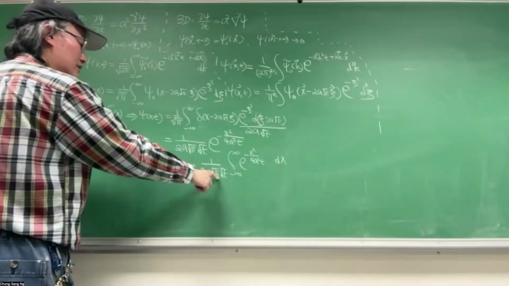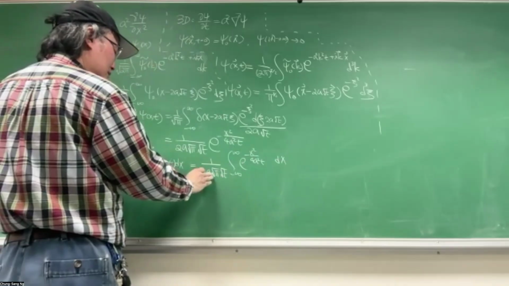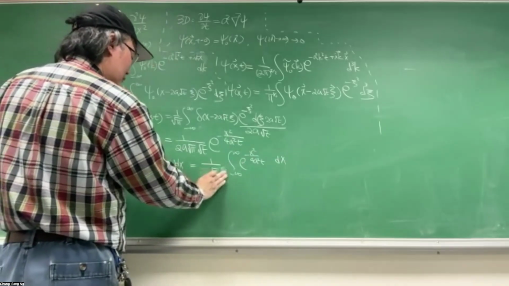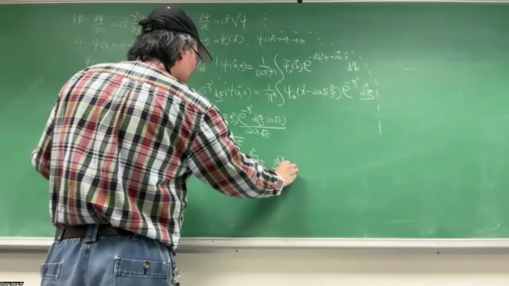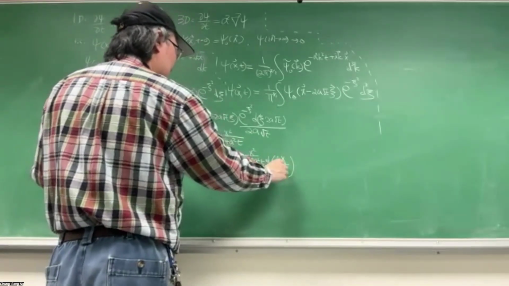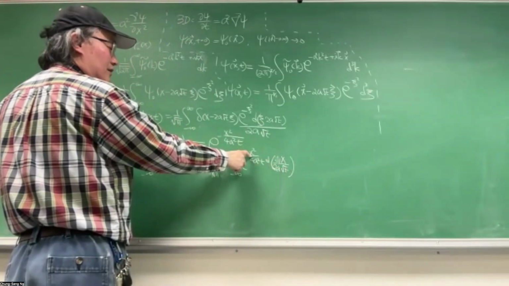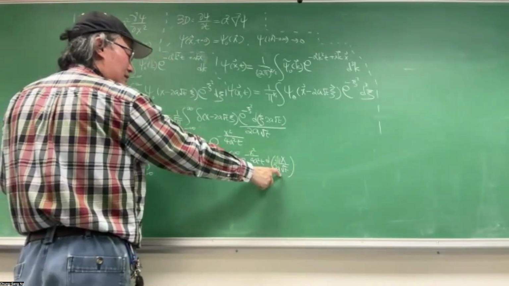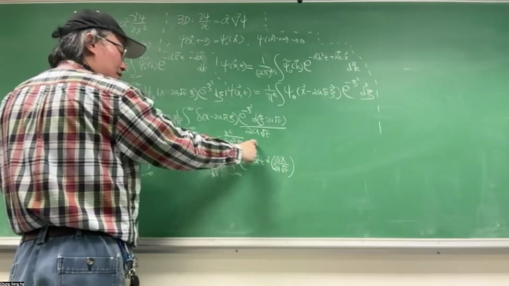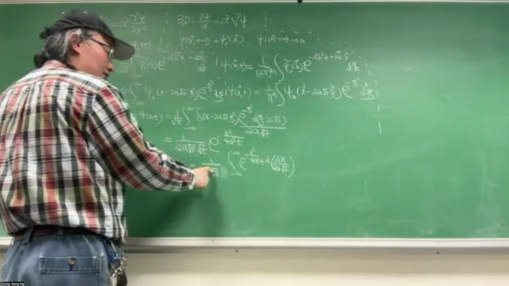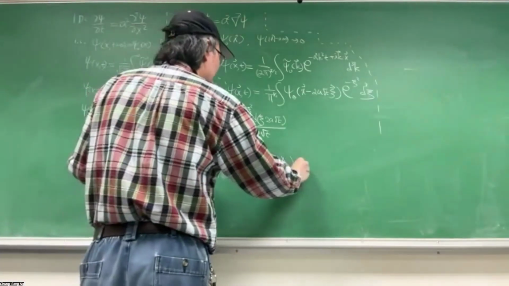Then you can use all these coefficients and put them in here. You see that this is just a Gaussian, with x squared over 4a squared t. This becomes a Gaussian integration, and a Gaussian integration gives you the square root of pi, so that gives you 1.